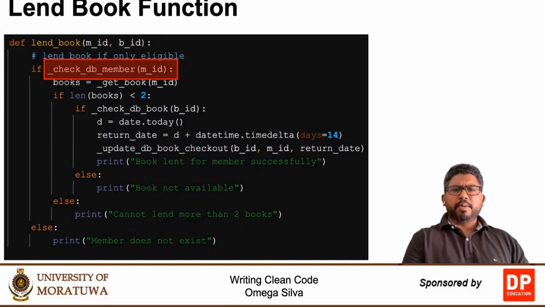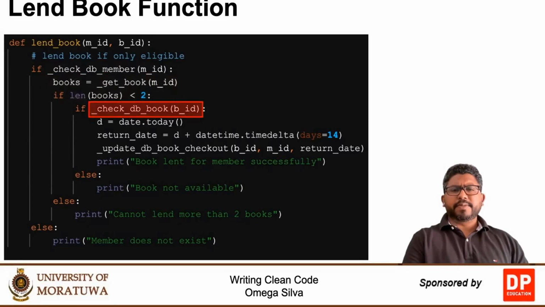Now, trying to recall the flow diagram we looked at earlier and relate this to the code, I can guess this function may be validating the member ID to see whether the member is actually a member. And if it is valid, it checks whether the member has lent two books for the time being. And it seems the getBook method, which takes the member ID, returns the books that the member has already lent.